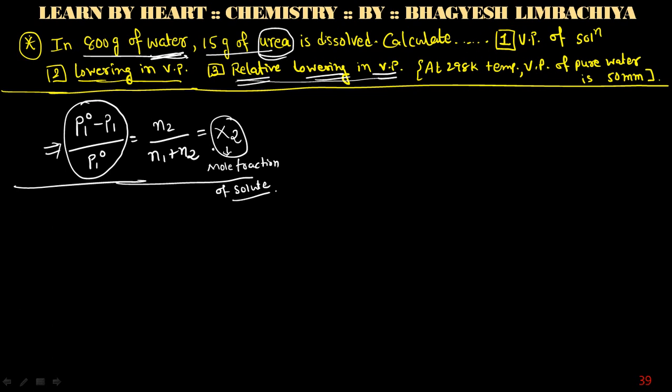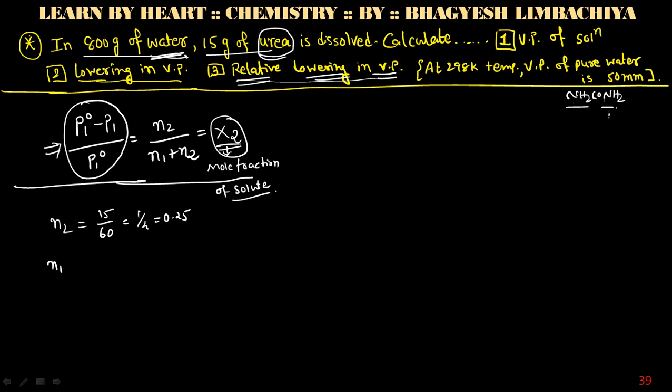So here X2 is to be found, so N2 will be 15 by 60, which is 0.25, because the molecular mass of urea is 60. The formula is NH2CONH2, right?